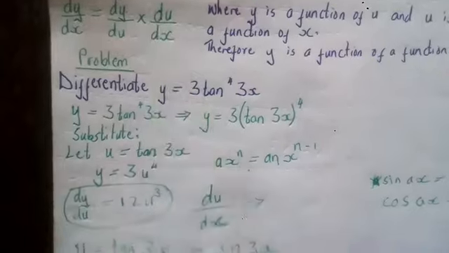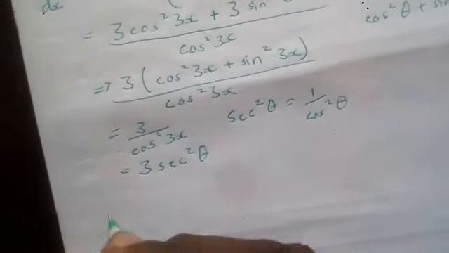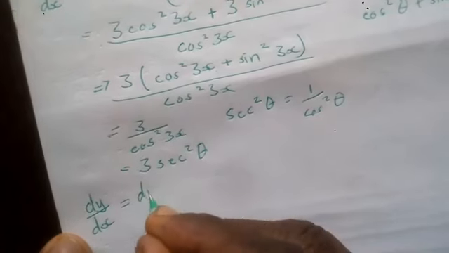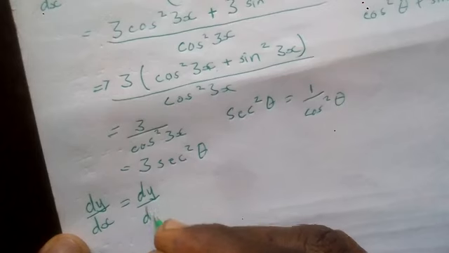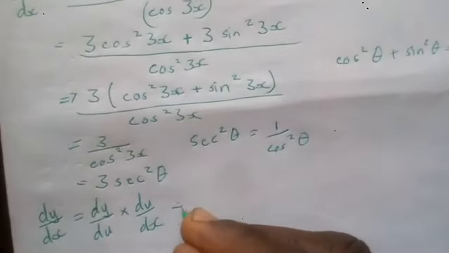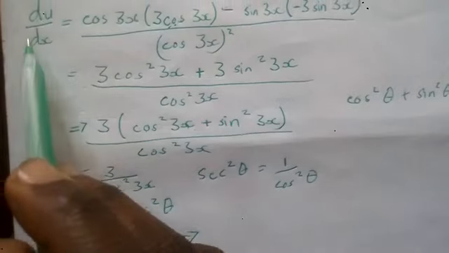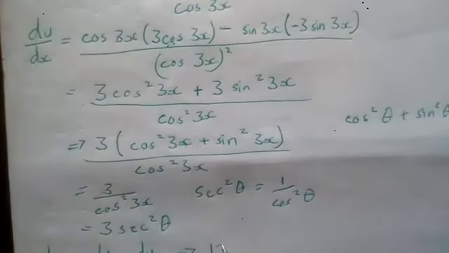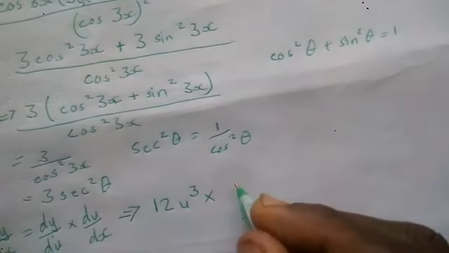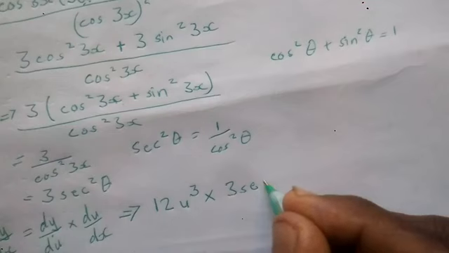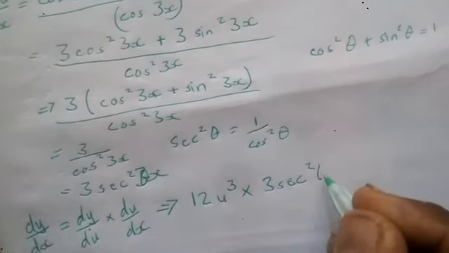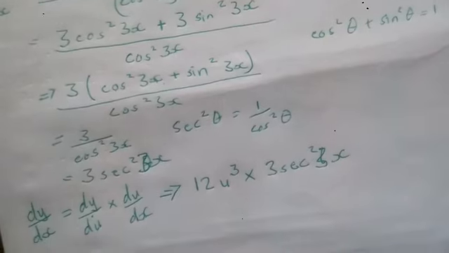So let us multiply. dy over dx is equal to dy over du times du over dx, which we will substitute: 12u cubed times 3 sec squared 3x.